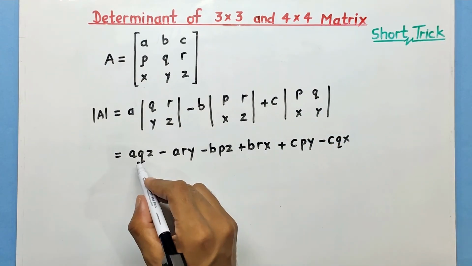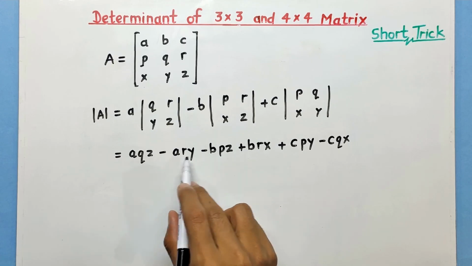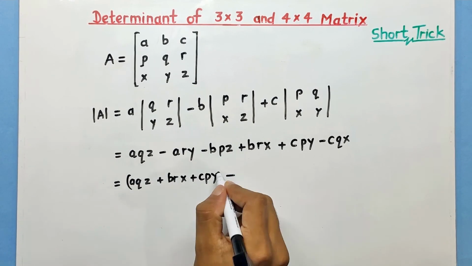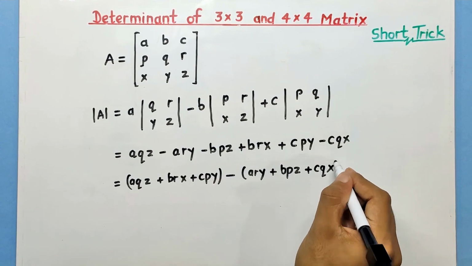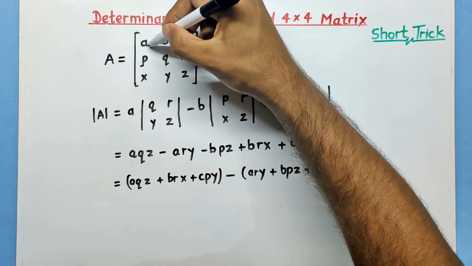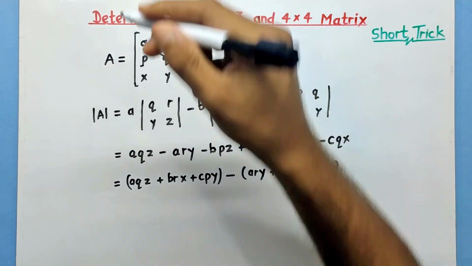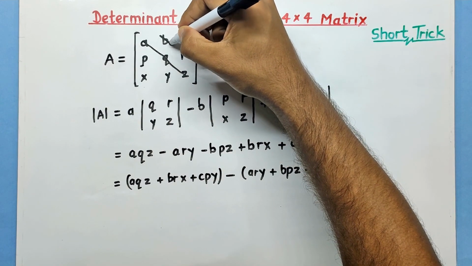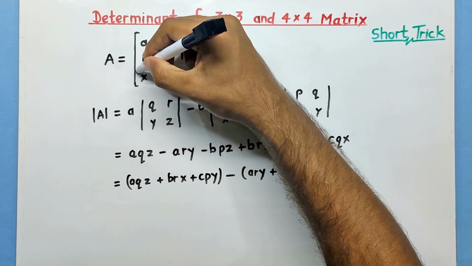q x. Now let's collect terms with positive sign and negative sign together. So we'll have, now you can see that the multiplication a q z is the multiplication of this main diagonal. The multiplication b r x is the multiplication of this element b r and then x.